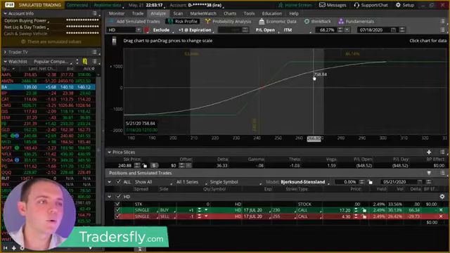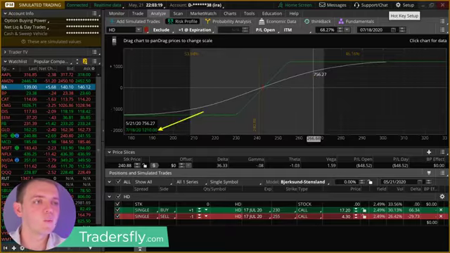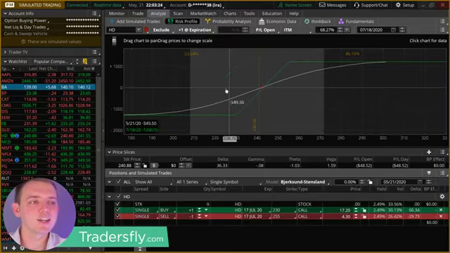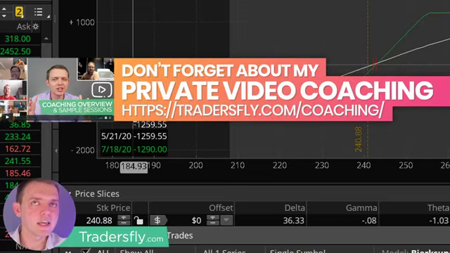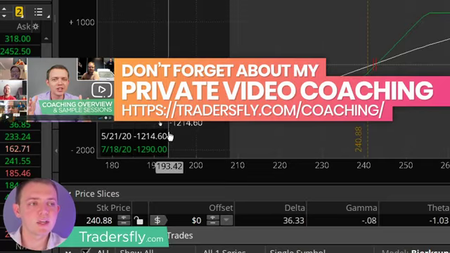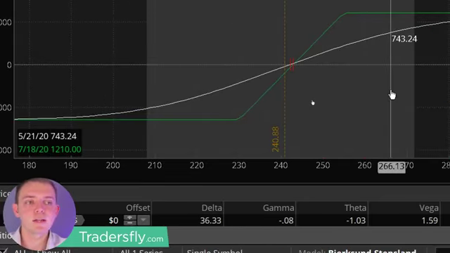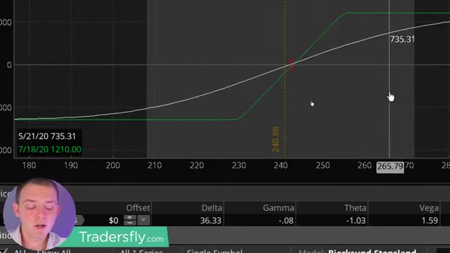Now, what can I make here? Well, if the stock goes up in my favor, I can make $1,210 on risk of $1,290. So looking at this spread, you can see $1,290 risked, you can make $1,210. So 50-50, you make 1-to-1.